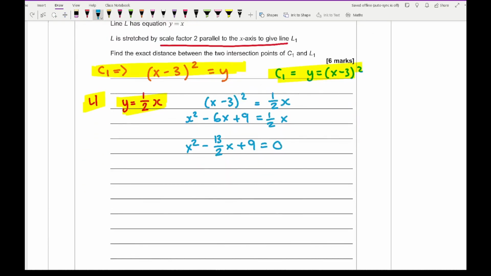From this I can find the values of x. Using the calculator, I get x equals 2 or 4.5. Now when x equals 2, I substitute that into probably the easiest one, which is y equals a half x.